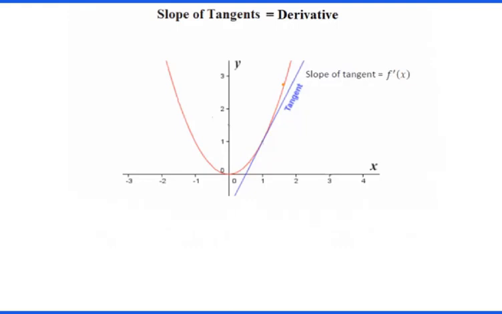Now let's look at this graph. Slope of tangents, we call that derivative. In other words, slope of a tangent line equals f prime of x, which means derivative of f of x.